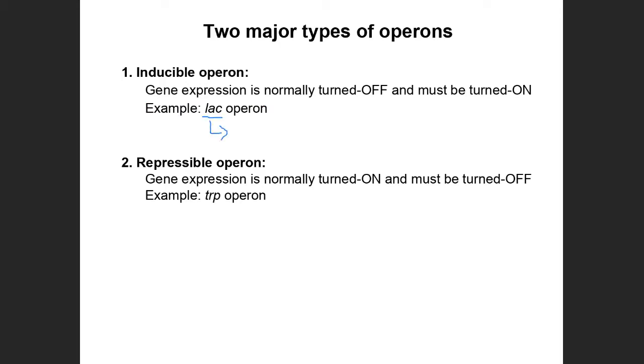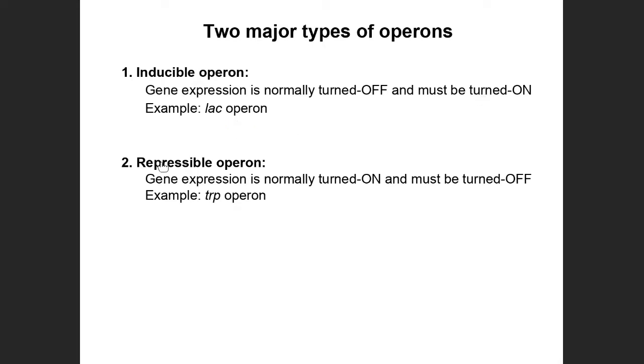The lac here is in reference to lactose. So when we go over this Lac Operon, we're going to talk about how this operon consists of a group of genes that metabolize lactose, break down lactose. But we're also going to talk about how lactose is responsible for inducing gene expression, for turning it on. So it has a dual function.